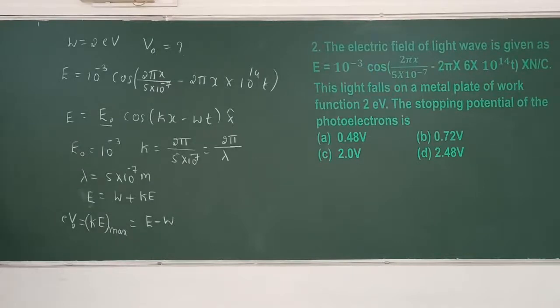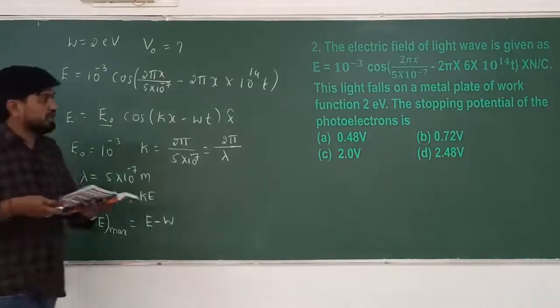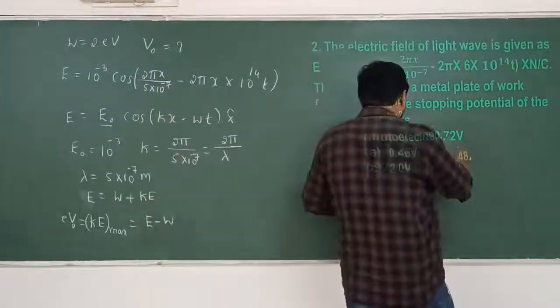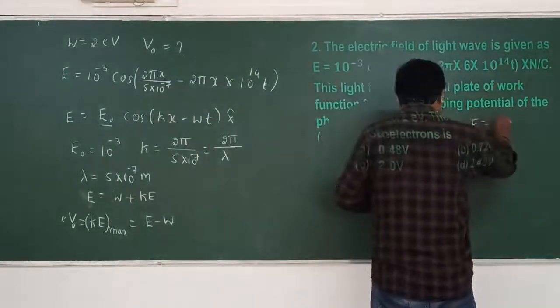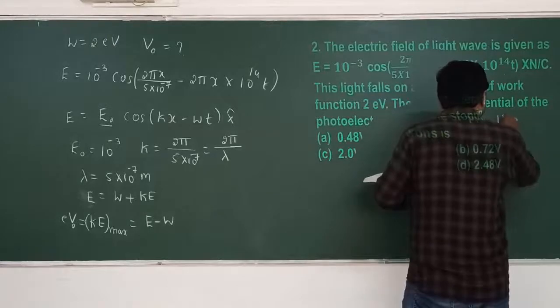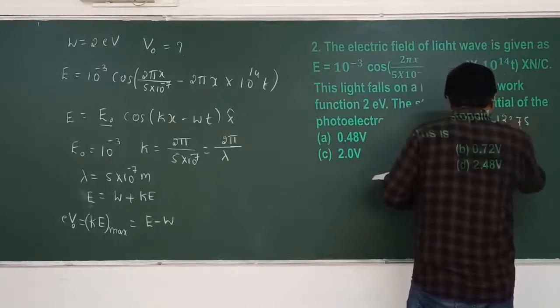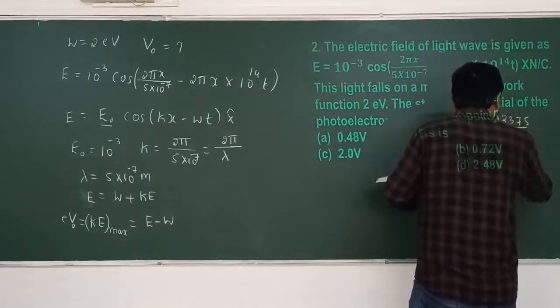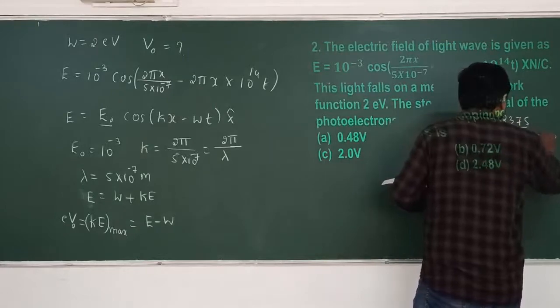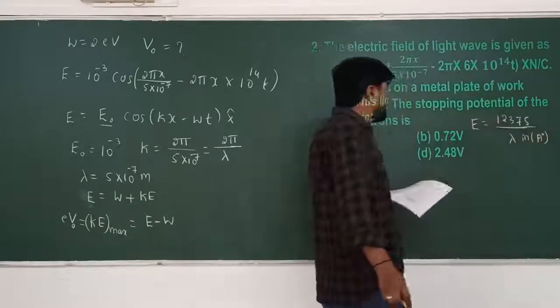Therefore E is equal to hc by lambda. One data is missing here, so E is equal to 12.375 whole divided by lambda in Armstrong. This is the standard formula.